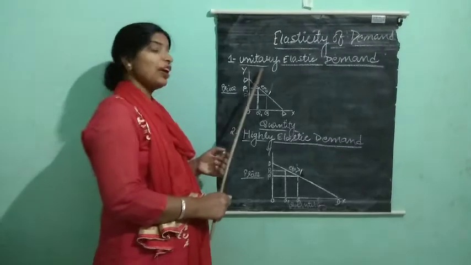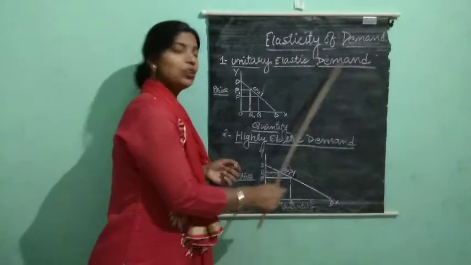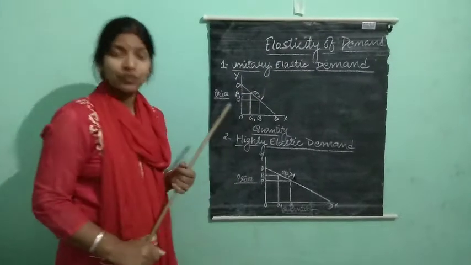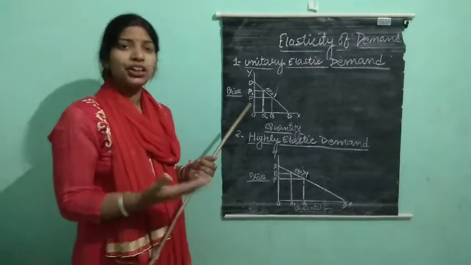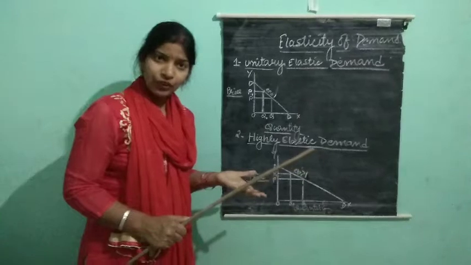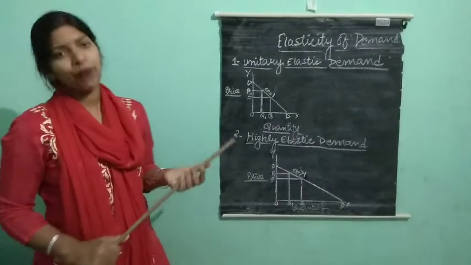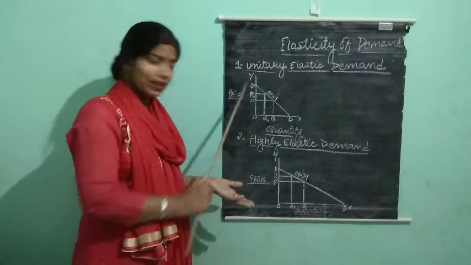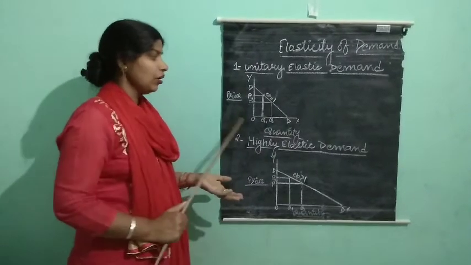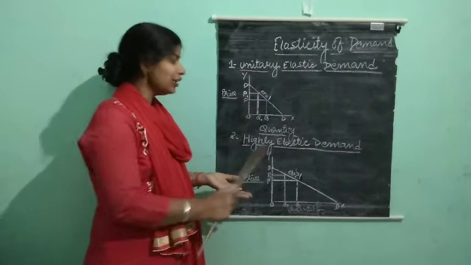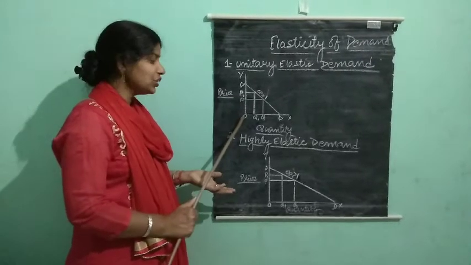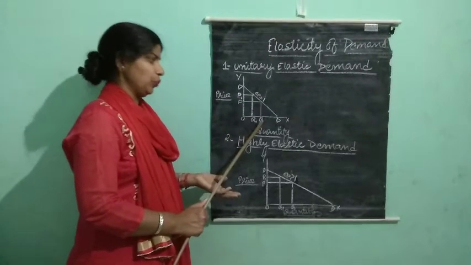Now first type we are doing, unitary elastic demand. Unitary elastic demand refers to the percentage change in quantity demand of a commodity and percentage change in price is same. As all of you can see in the diagram, the initial price is OP and initial quantity is OQ.